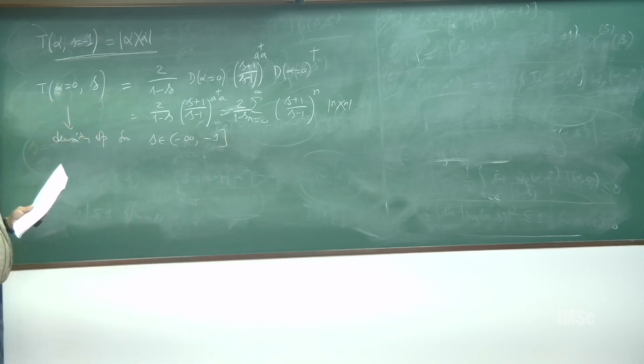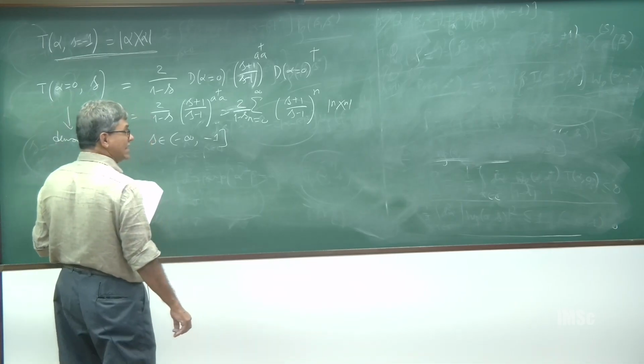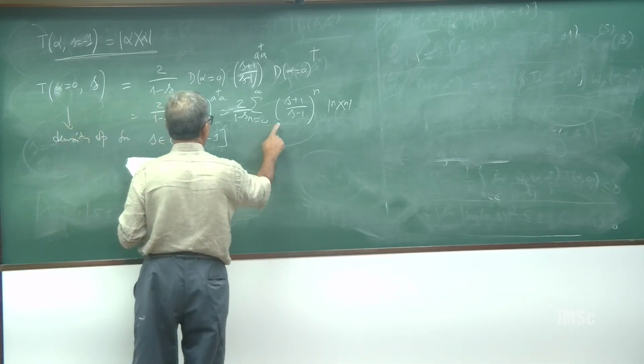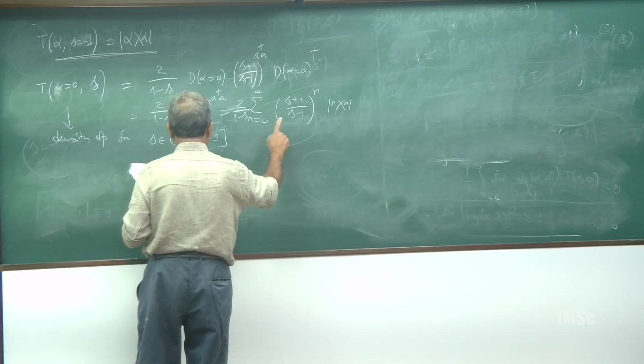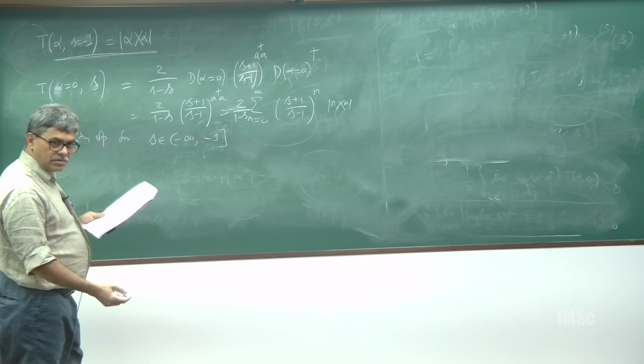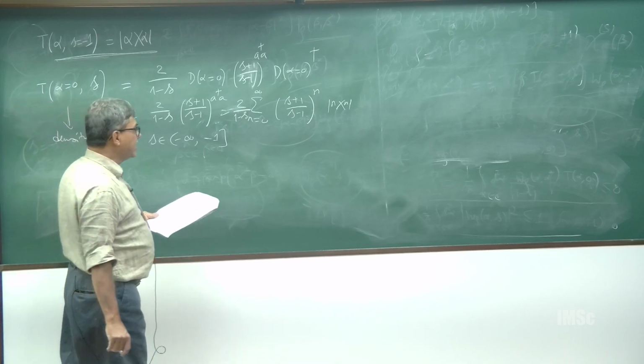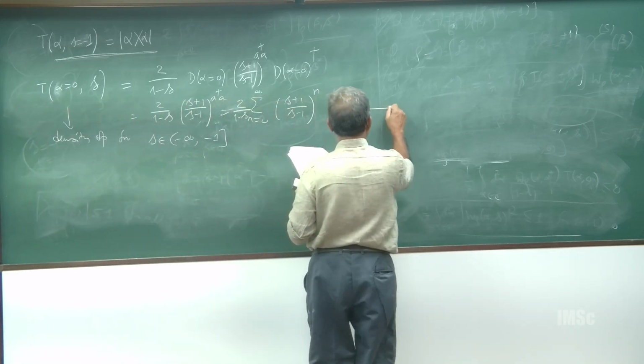This is what we discussed. So, all the eigenvalues of this operator are less than or equal to 1. And you can see that this is something like a thermal state.